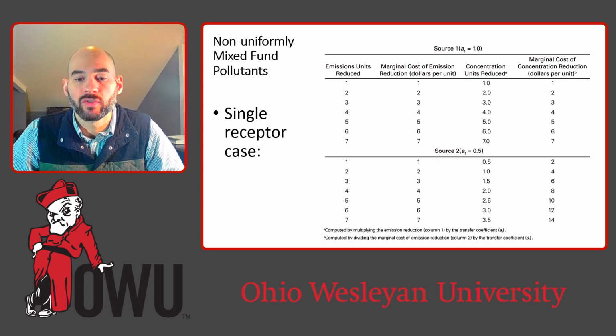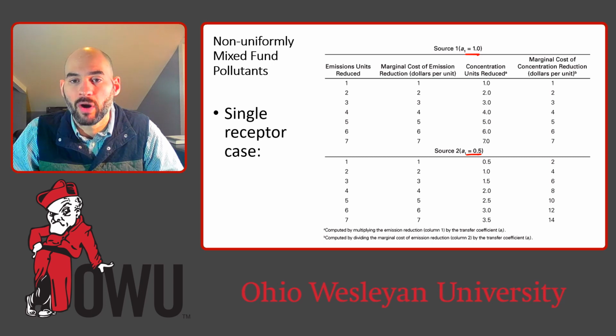The second equimarginal principle with a non-uniformly mixed fund pollutant, when there are different transfer coefficients between the polluting firms, is going to hold not when the marginal costs of emission are equal, but when the marginal costs of concentration reduction are equal.